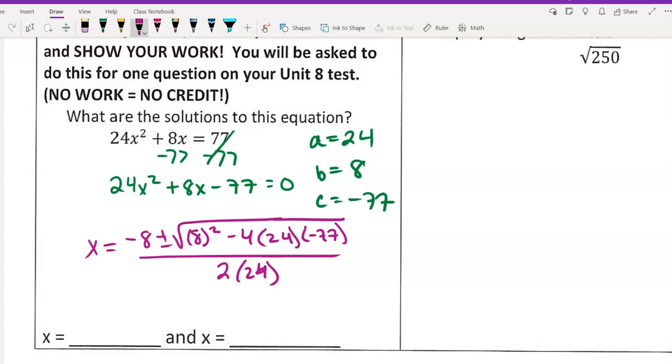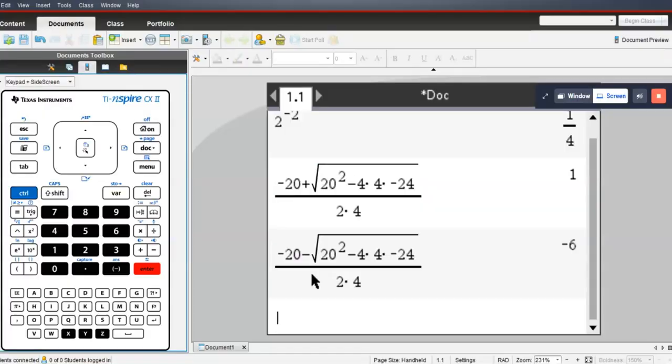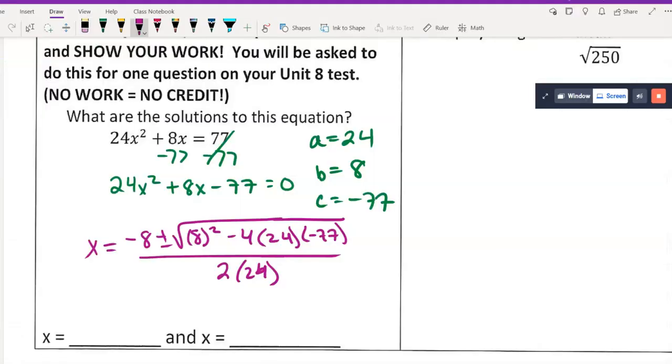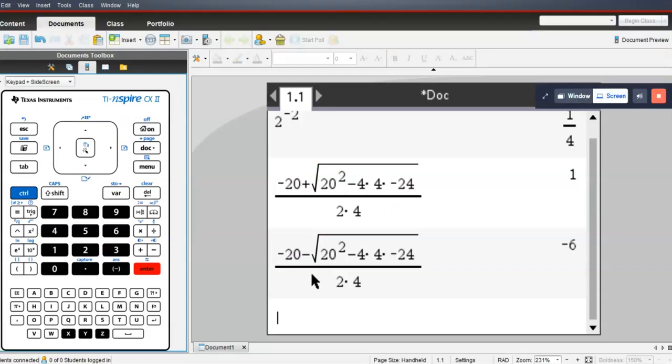Now we're going to take this equation and put it into the Desmos calculator. I guess I could do the regular calculator too. Okay, there we go. All right, now for the calculator we have negative 8. Oh, I need that parentheses in the front. Don't forget that.